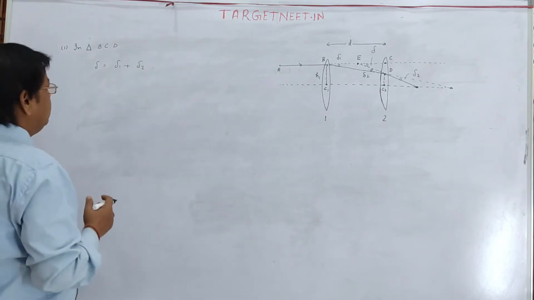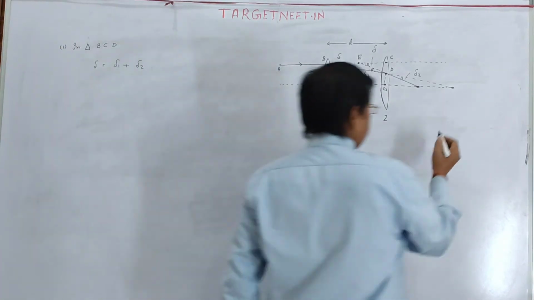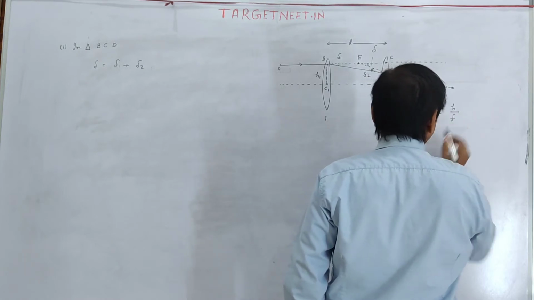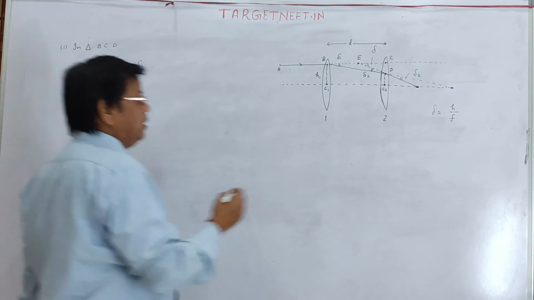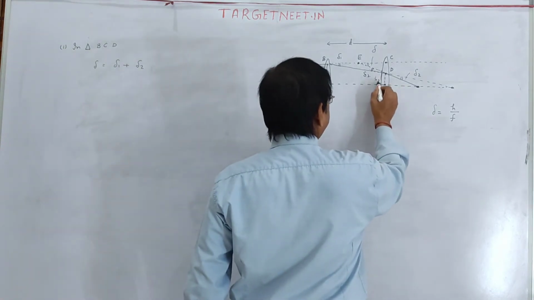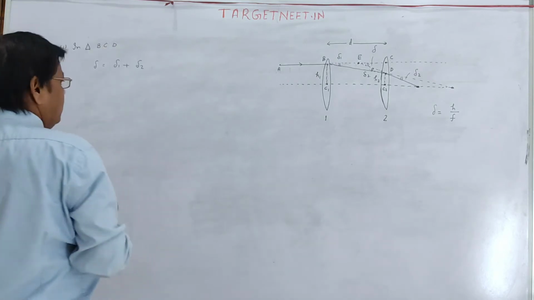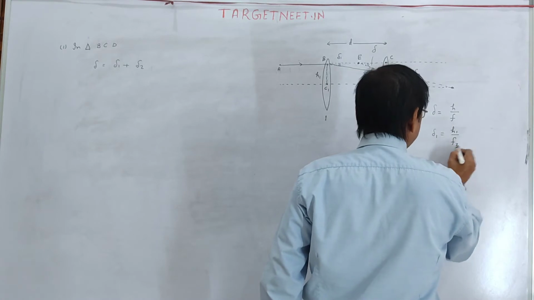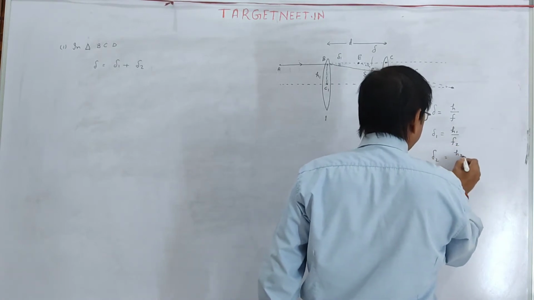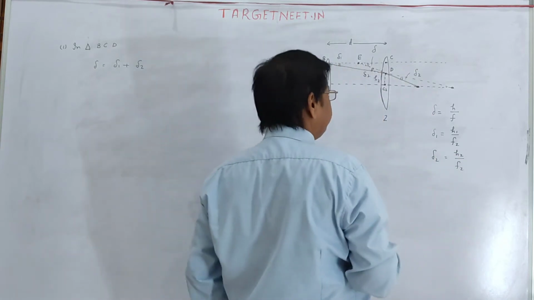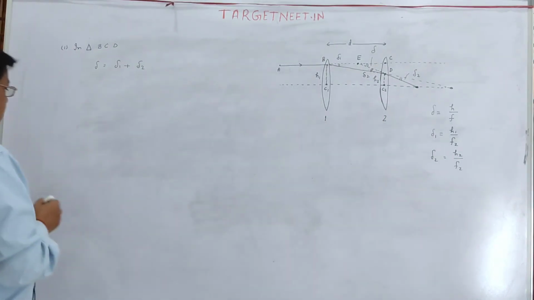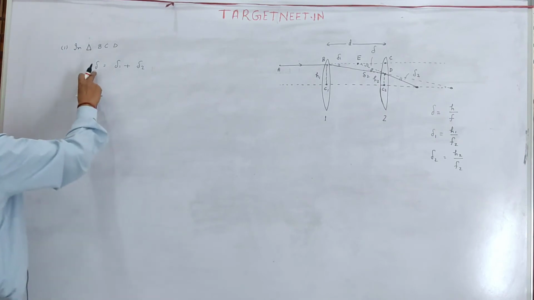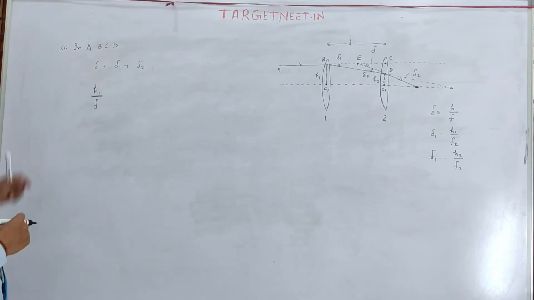Now we know that the deviation produced by a lens is h upon focal length. This we have already seen. Let this height be h2. So for delta 1 we can write h1 upon f1. For delta 2 we can write h2 upon f2. And this is h1 upon f, the total deviation produced by the combination.